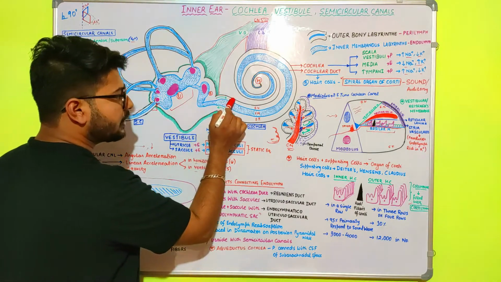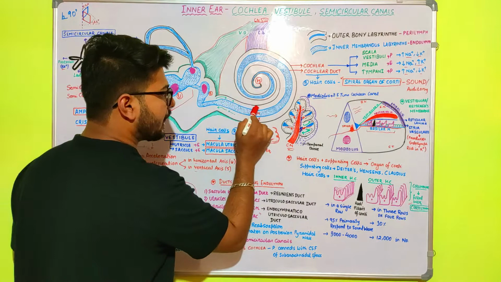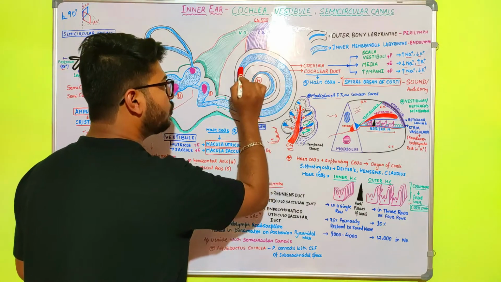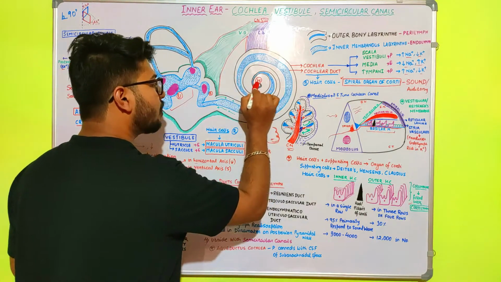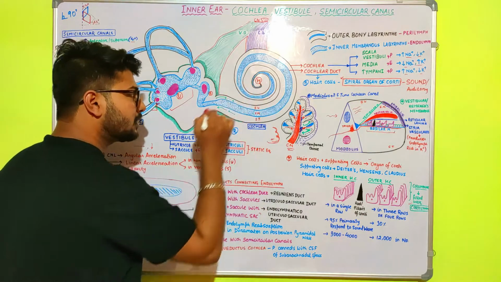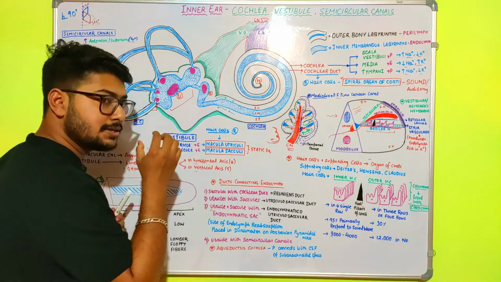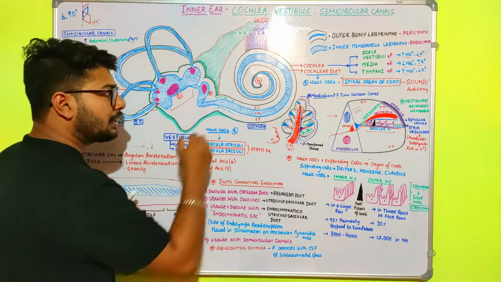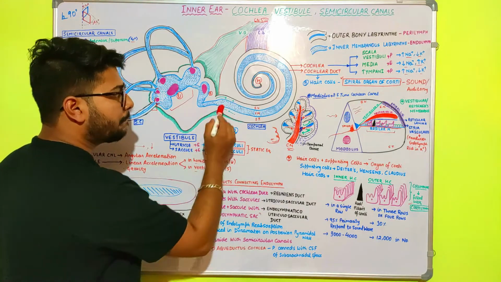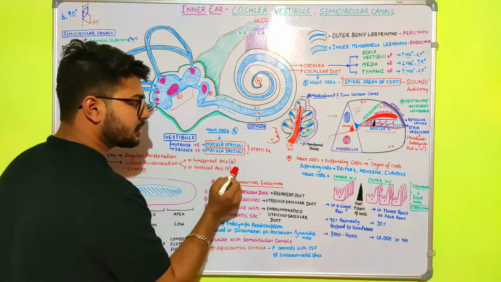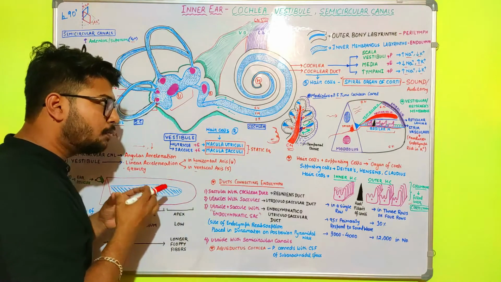That vibration energy is going to transfer through the scala vestibuli and come to the apex of the cochlea. That apex of the cochlea is known as helicotrema. At the apex of the cochlea, the perilymph of the scala vestibuli and scala tympani is going to meet.